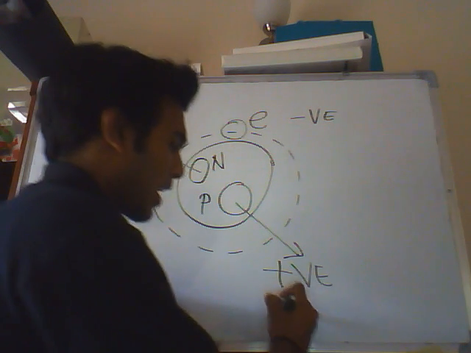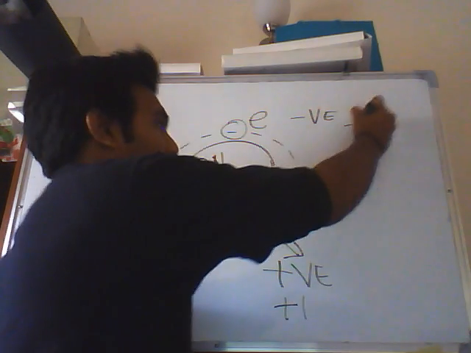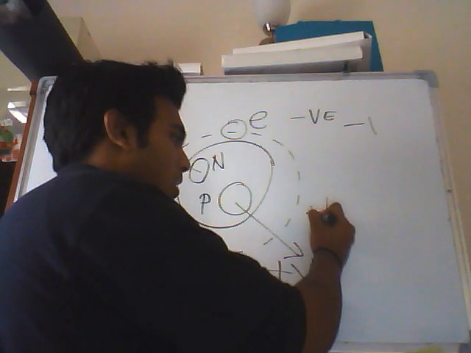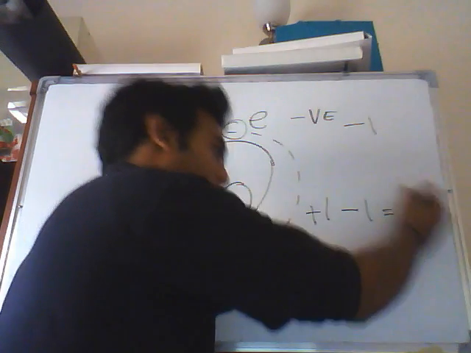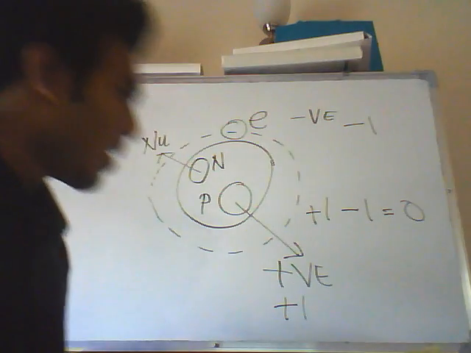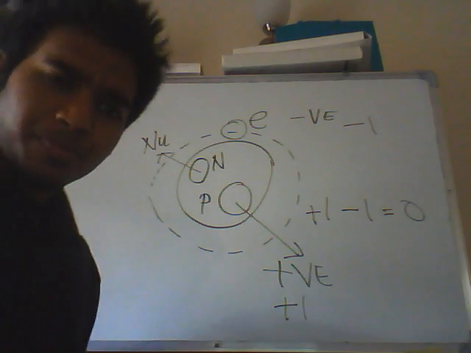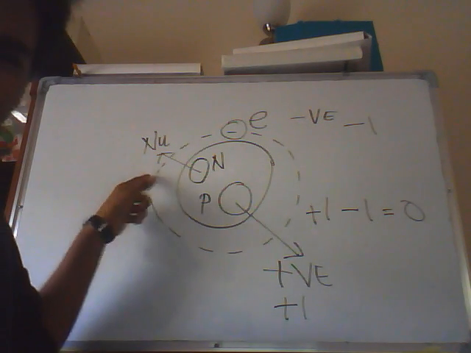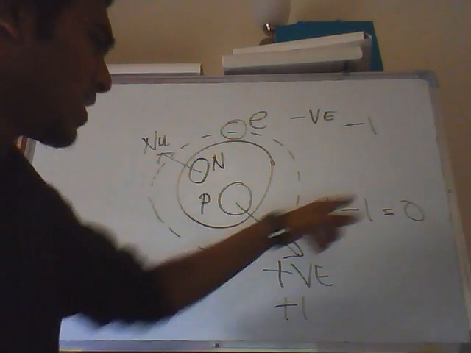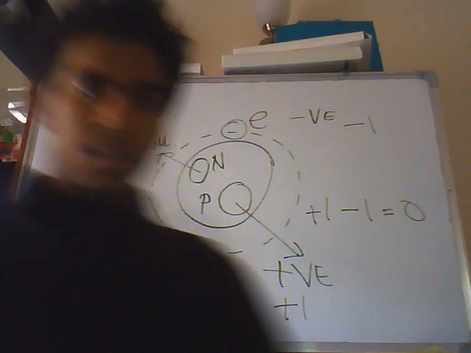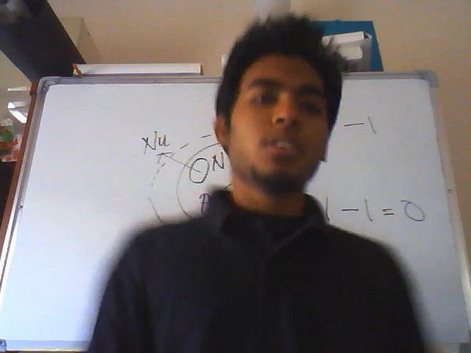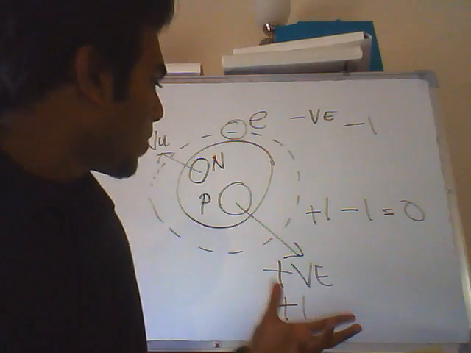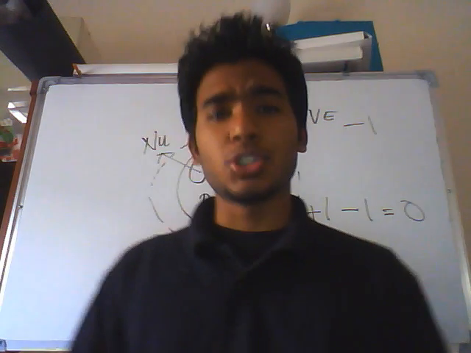So if this was plus 1, this would be negative 1. So 1 minus 1 would be 0. Every atom does this. And the neutron is neutral, so it's another 0. So every single atom is neutral.